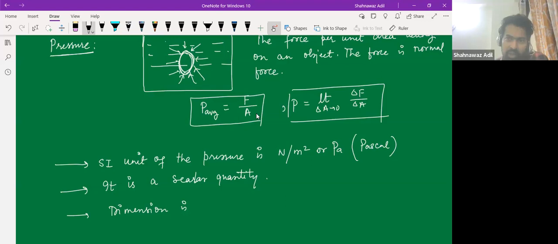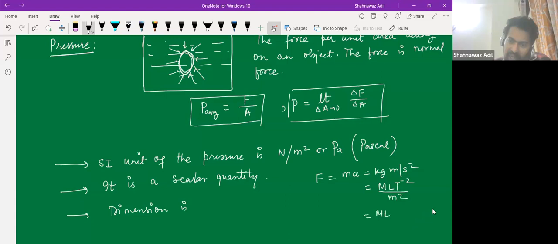MLT minus 2. Force is MA, where M is kg and acceleration is meter per second square, so this is MLT minus 2. Pressure is force divided by area, and area is meter square, L square.